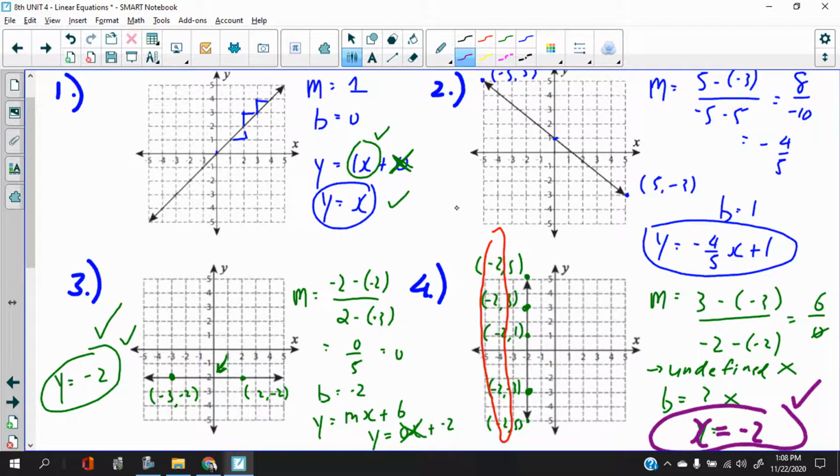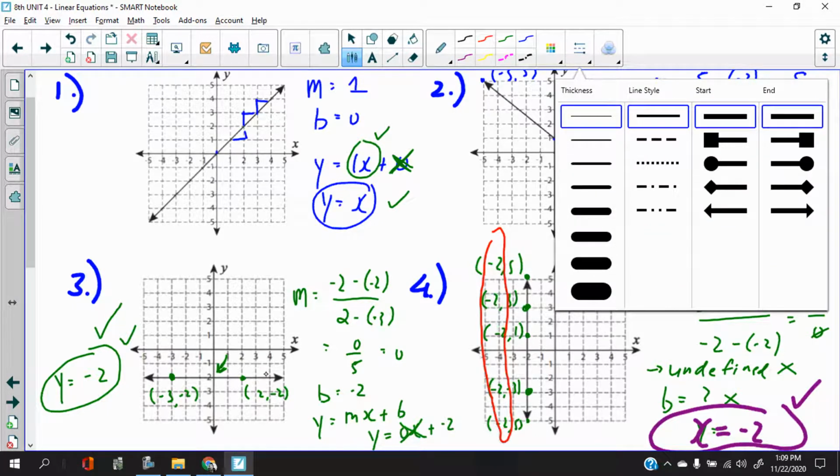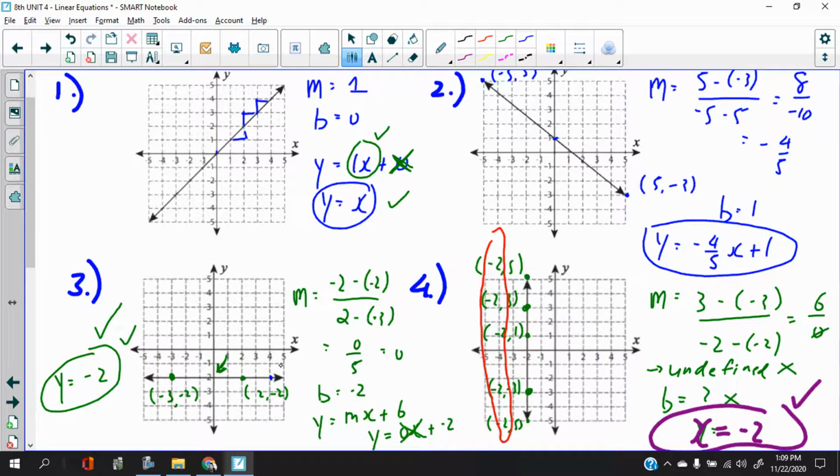Now, go backwards to number 3. You see how this is flat? It's the same thing, by the way. I don't know if you noticed. If I go here, this is 4, negative 2. If I go here, this is negative 5, negative 2.